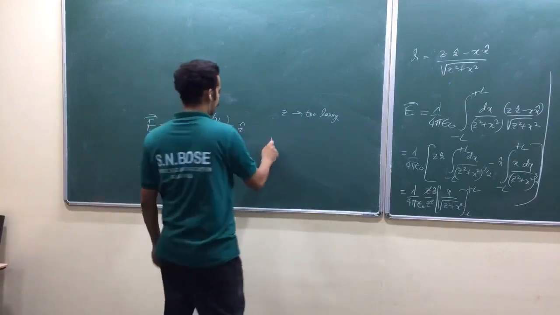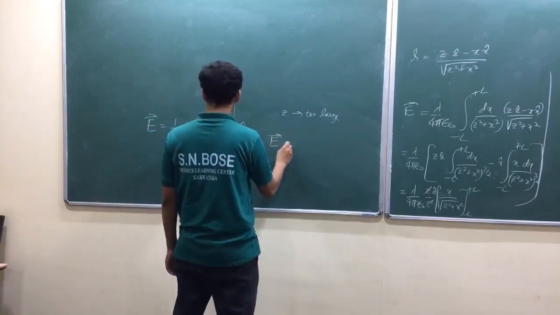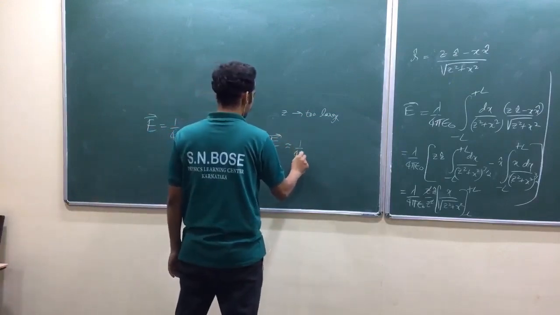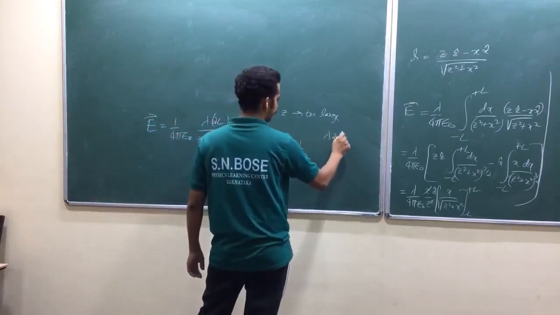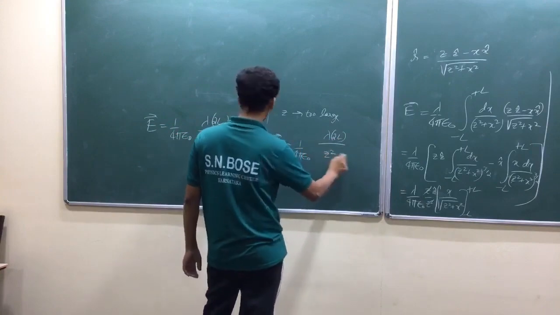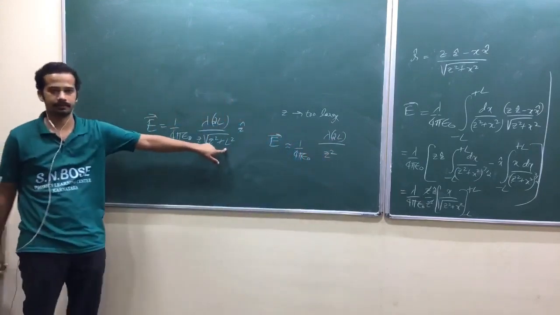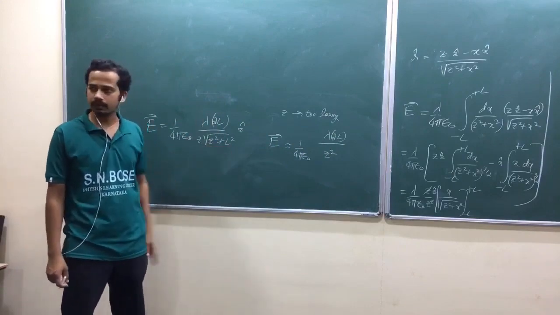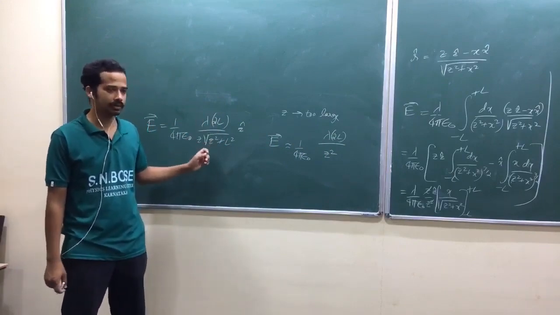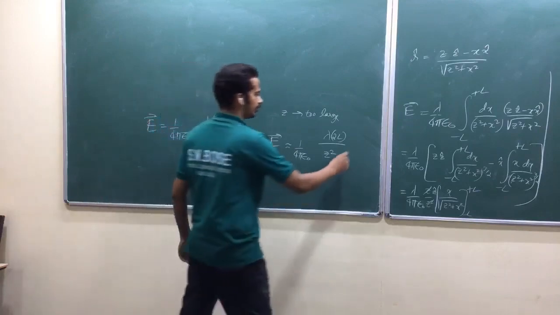If you neglect L, your electric field at a very large distance is 1 by 4 pi epsilon naught, lambda into 2L divided by z square approximately, along z cap.